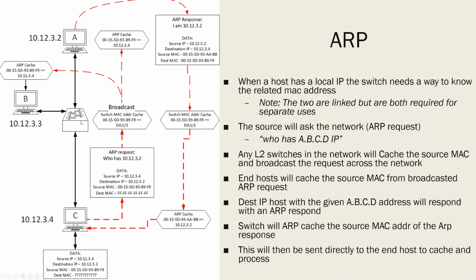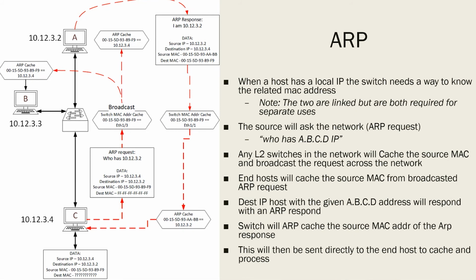So it sends this ARP response out of this physical interface towards the host of C, and happy days, C then receives it. It caches this source MAC address that was responded with to that logical IP address. At that point, C knows the destination MAC address, and we can pop that in the data that we want to send, and it can send it on its way.